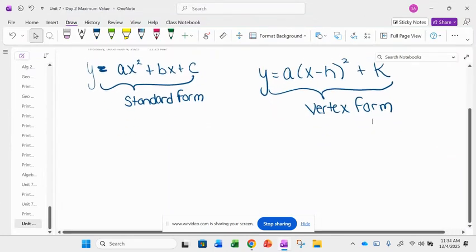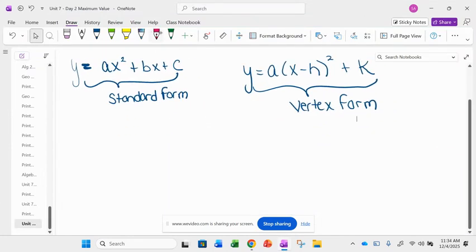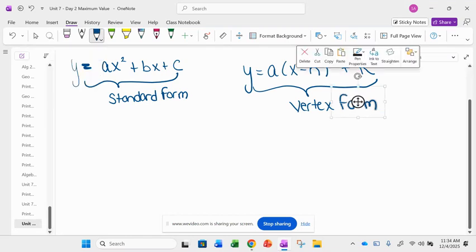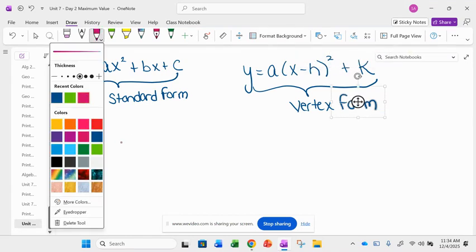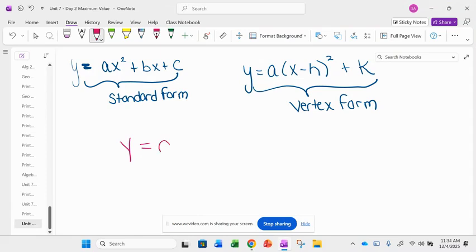So let's talk about some things. When we have y is equal to a times the quantity of x minus h squared plus k, a tells us if it's going to open up or down. Let's write this. If a is greater than 0, it's going to open up.